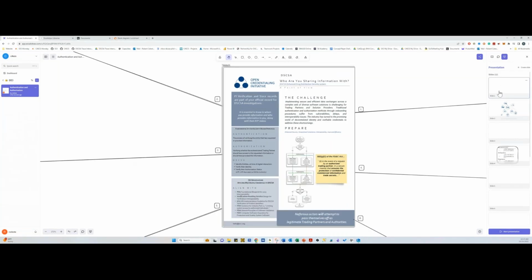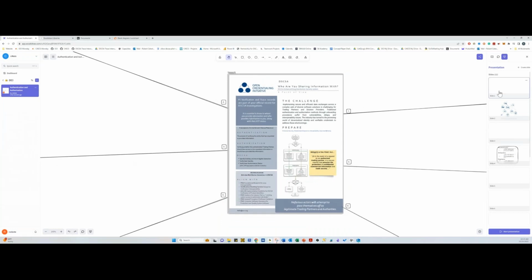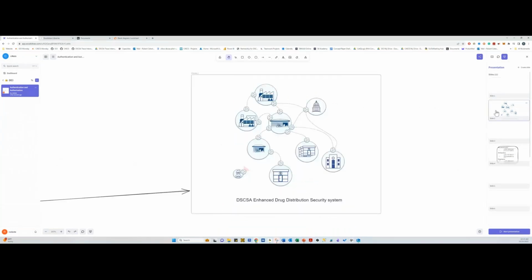one of our challenges is that this is a loose network for the enhanced drug distribution security system, especially when you're thinking about verification of products or tracing products.